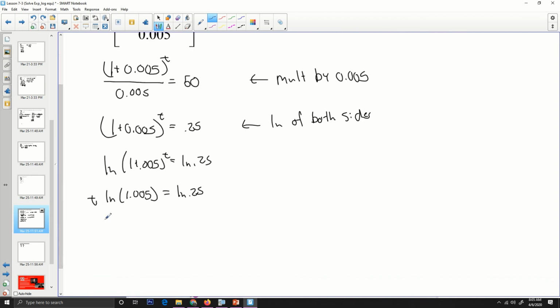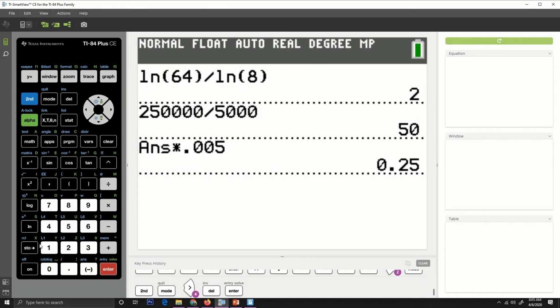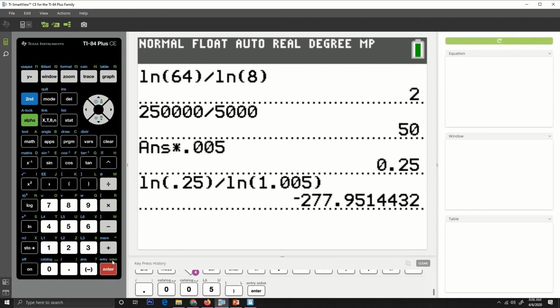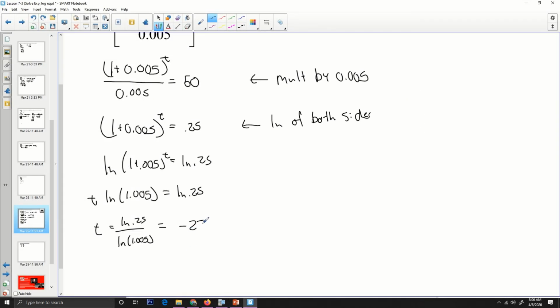We'll divide both sides by ln 1.005, so t equals the ln of 0.25 divided by the ln of 1.005. That I have to put in my calculator: ln 0.25 divided by ln 1.005, and I get negative 277.951. T equals negative 277.951 approximately.